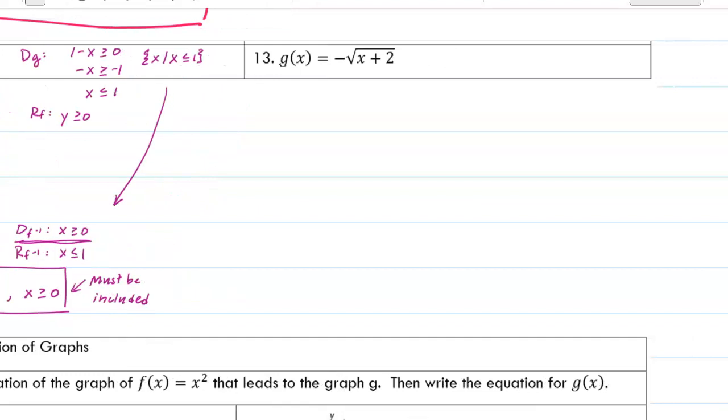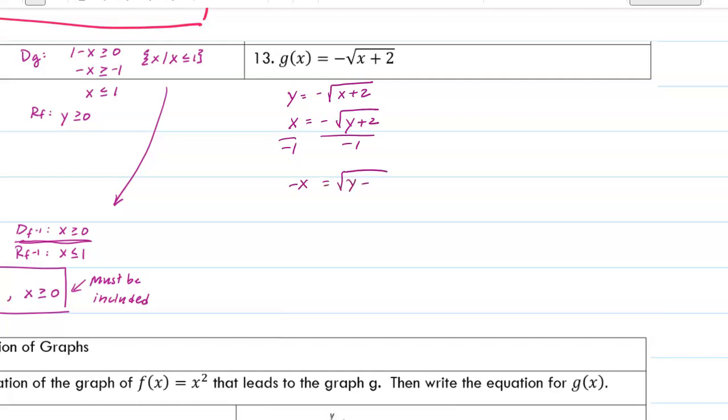Okay, next one. Let's go ahead and x plus 2, switch the x's and y's. Okay, divide both sides by negative 1. I'm going to square both sides.